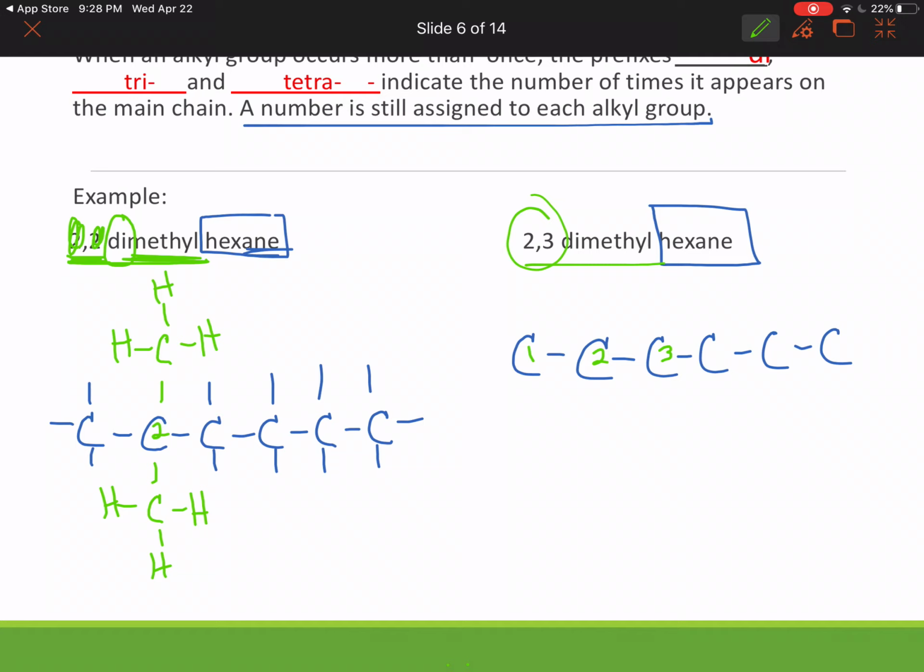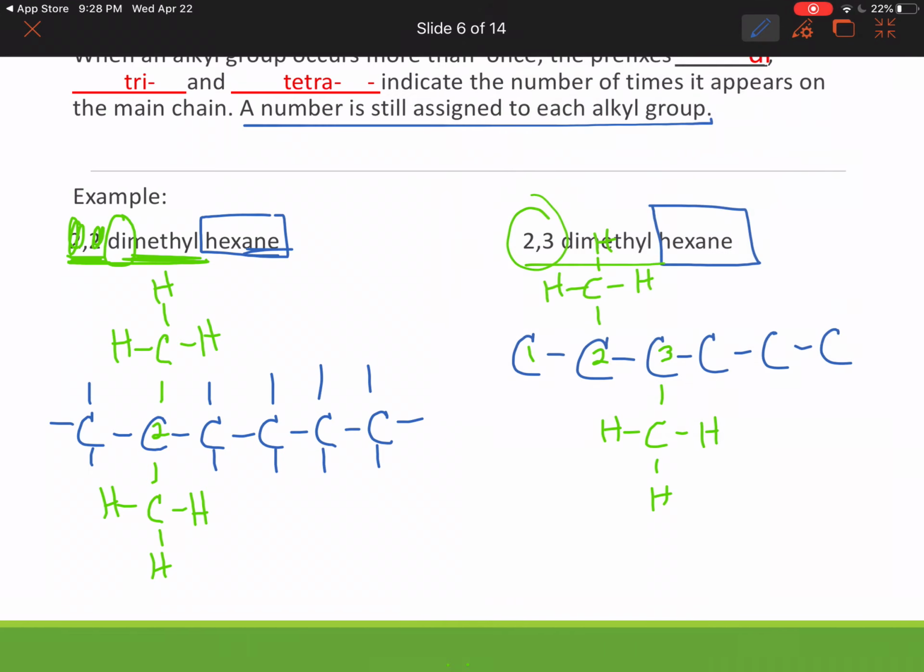So that just helps you number it. On carbon 2, we're going to put a CH3. So here's an H, here's an H, and here's an H. Perfect. On carbon 3, we're going to put a CH3. I'm just going to put it down here because it just makes it easier that we're not kind of crashing into each other. Okay, perfect. Remember, it doesn't matter whether it's on the top or the bottom, as long as it's on that carbon.